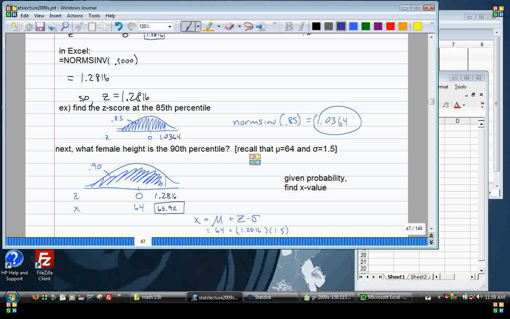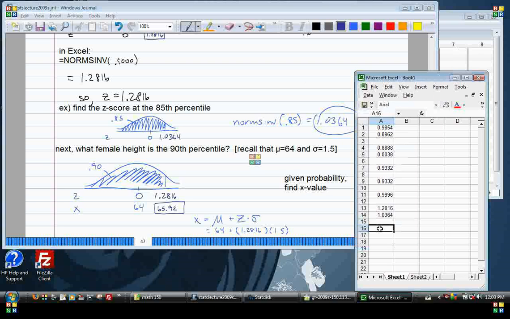So instead of using norm S inv, we just use norm inv. And now we have to enter probability. So in this last problem, what was the probability? 0.90. Comma, mean, what's the mean? Comma standard deviation, which is 1.5. And when I hit enter, what am I going to see? There you go.